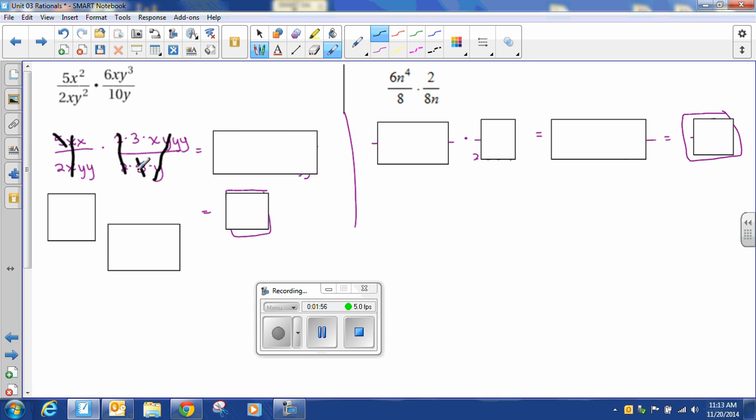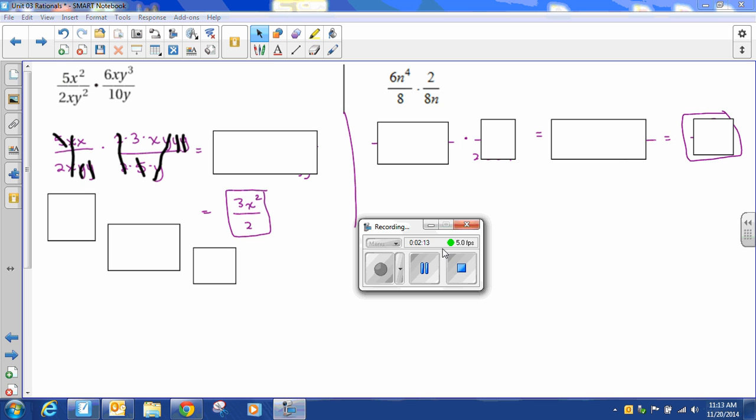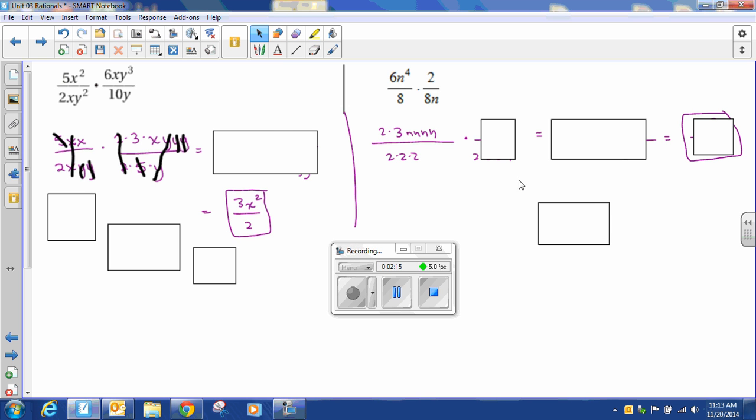So the 5 and the 5 cancel, and both y's in the numerator cancel with both y's in the denominator. And therefore this leaves us 3x squared, right? 3 times x, so 3x squared over 2. You try this one. And the result is 3n cubed over 16.